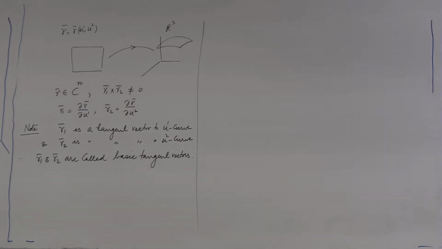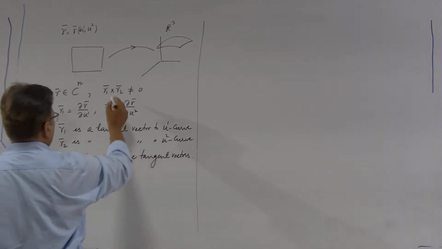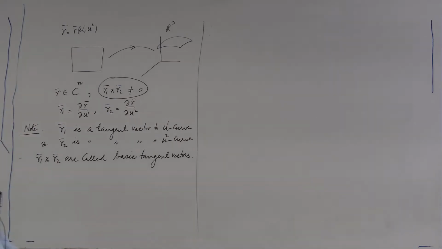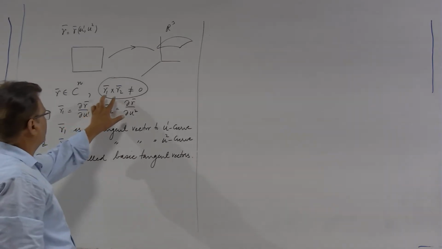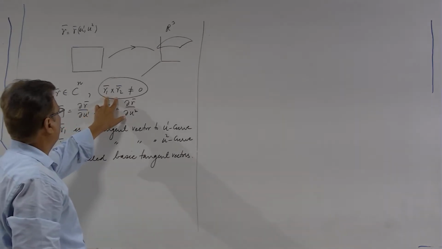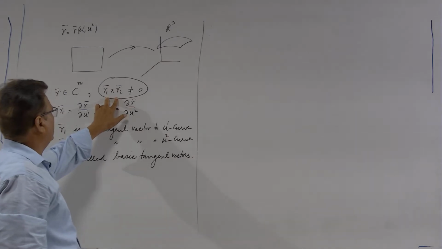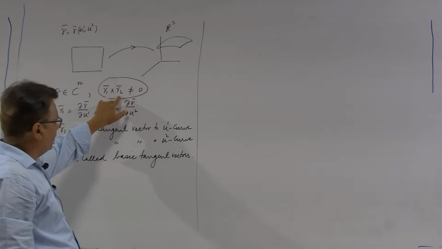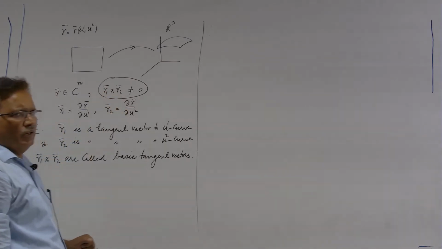There was one more point about this requirement: R1 cross R2 is non-zero. What does this requirement tell us? This cross product of R1 and R2 will be 0 only when either one of the vectors is 0 or these two vectors become collinear.